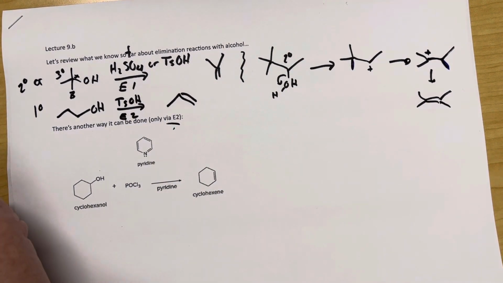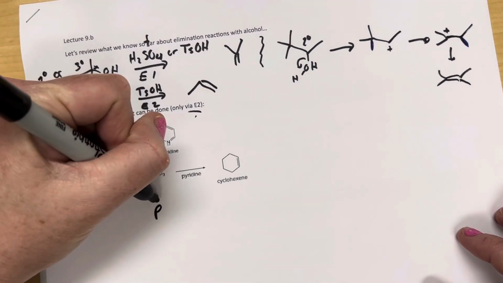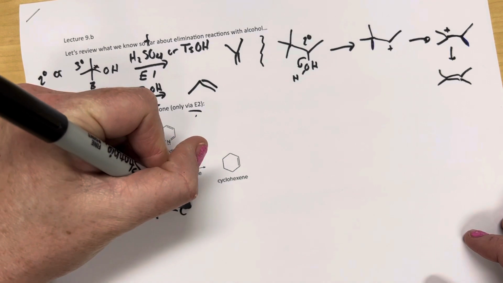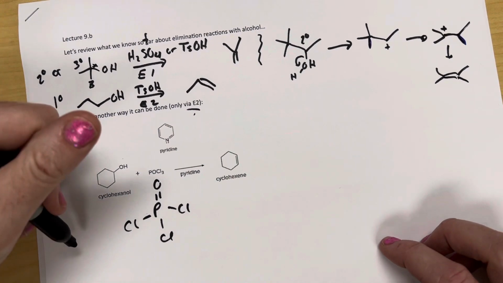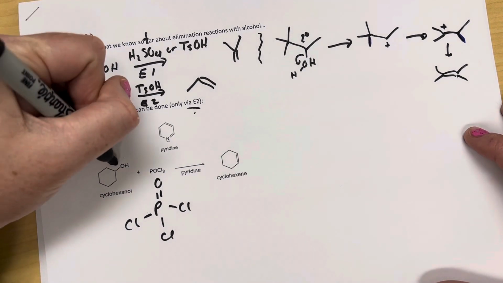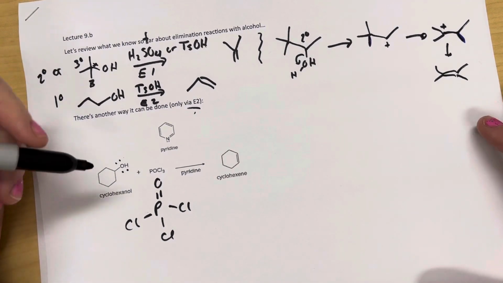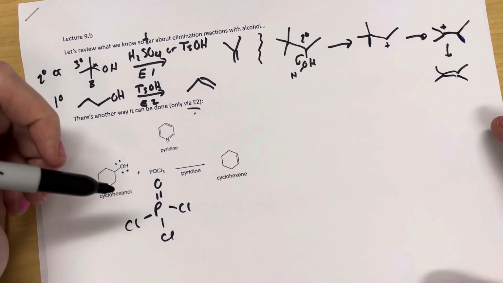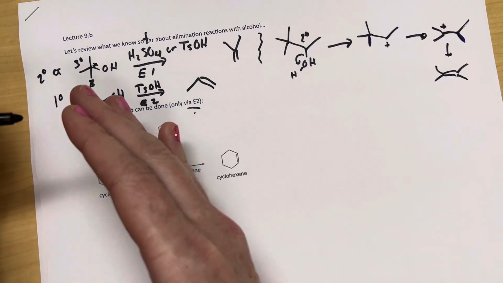POCl3 looks kind of like this. We've got a phosphorus double bonded to an oxygen, like this. If we take this hexanol, remember that at some point the leaving group will have to leave, and we'll have to have a hydrogen let go of its bond and knock it off.